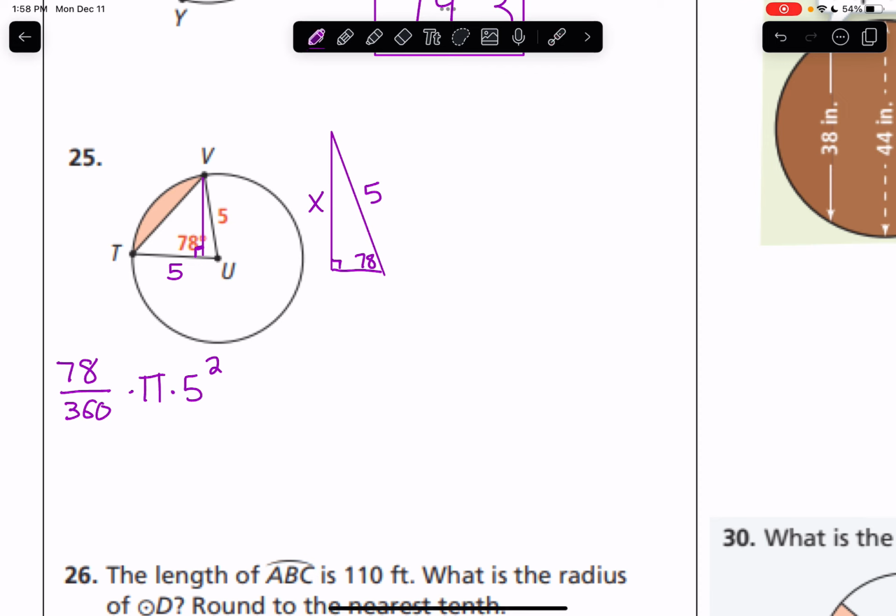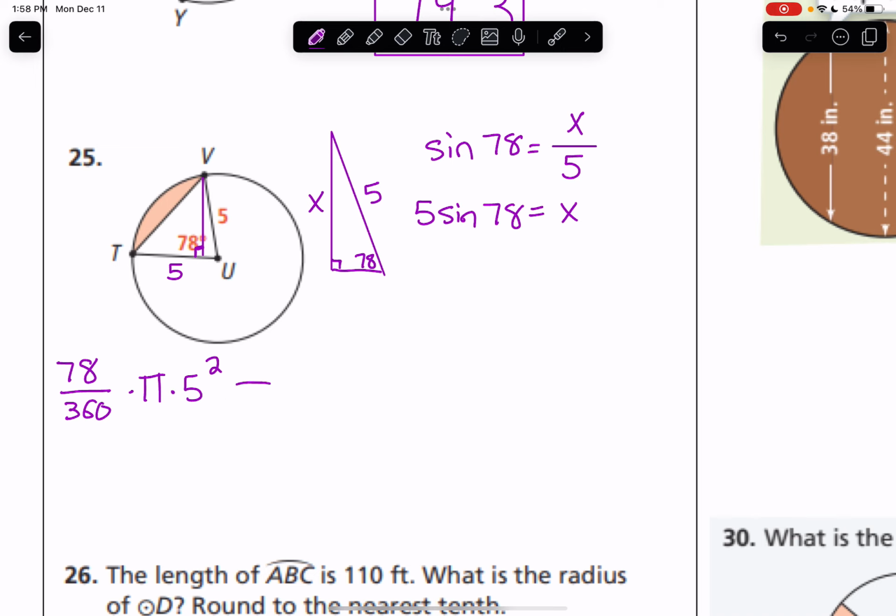That's sine for SOHCAHTOA. So the sine of 78 degrees is equal to x, which I don't know, over the hypotenuse, which is 5. So 5 sine 78 is equal to the length of x. Okay? So 5 sine 78 is the height of my triangle.